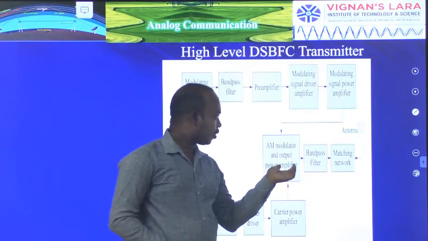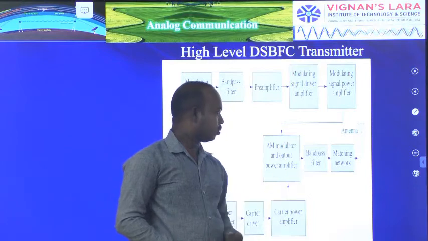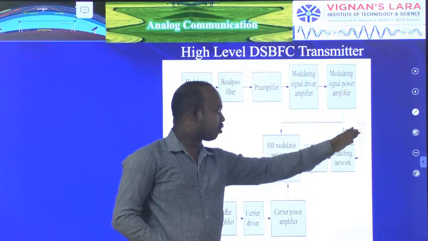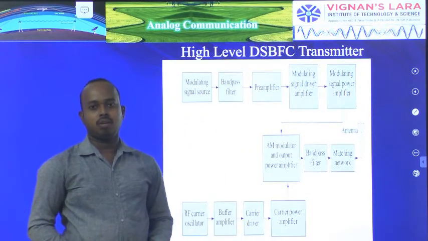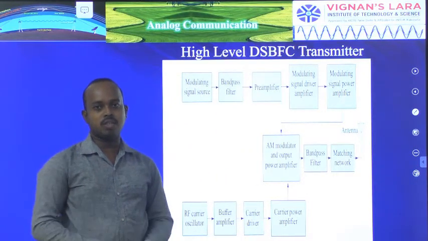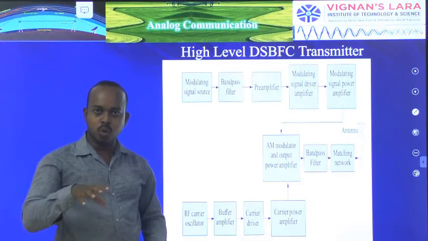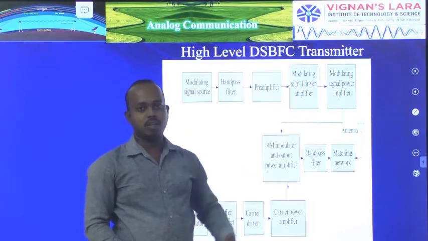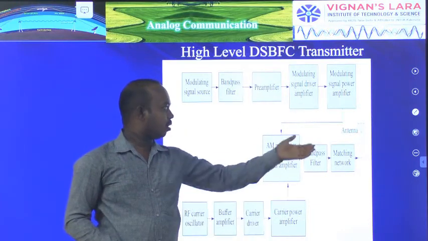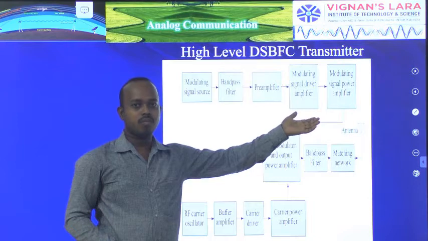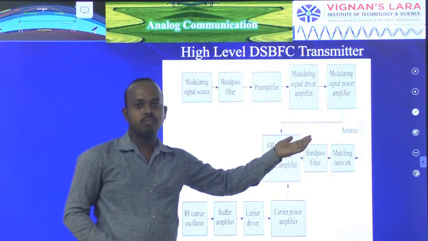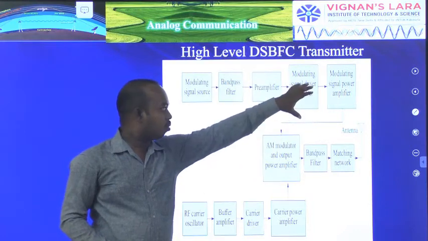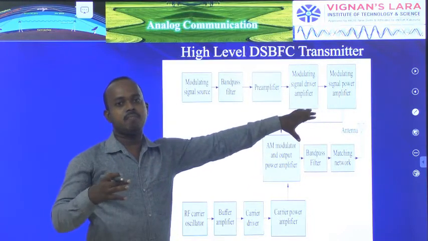The power amplifier output is assigned to the band pass filter, then to the matching network, and from this matching network to the antenna. The building blocks are all the same, but here you include the power amplifier stage at every point: before the modulator, at the end stage of the carrier, and at the end stage of the modulating signal, we insert the power amplifier.